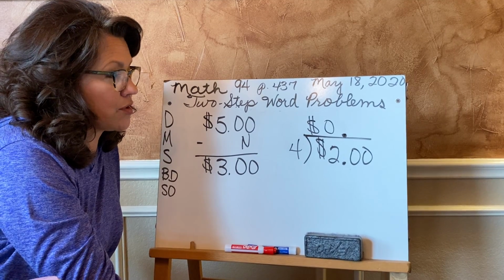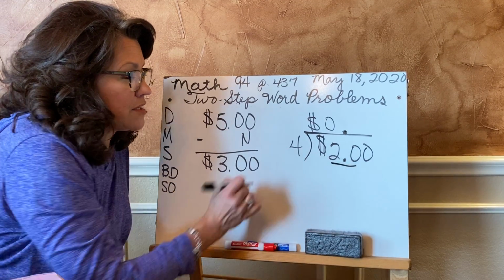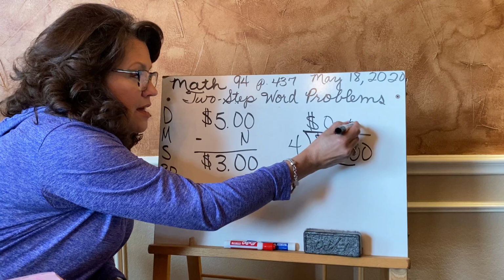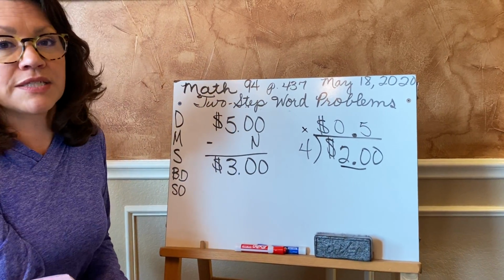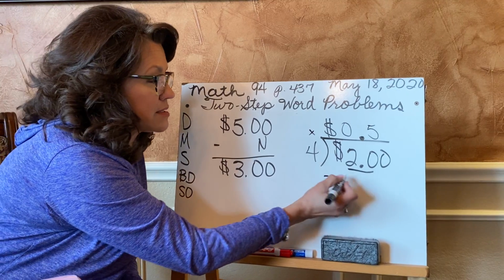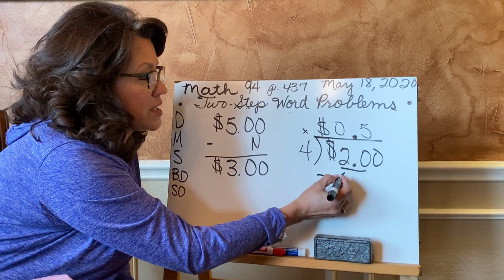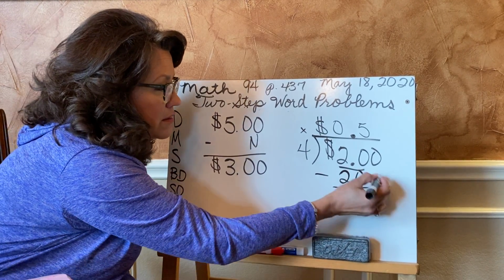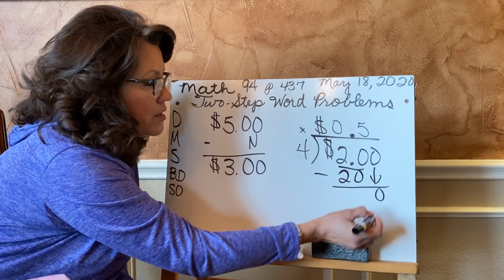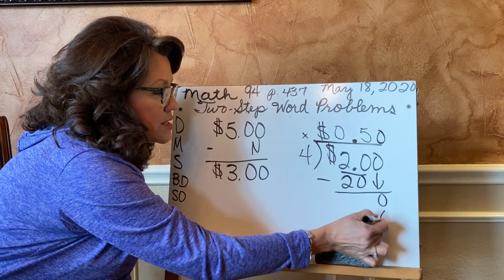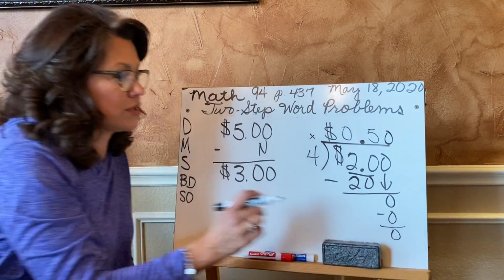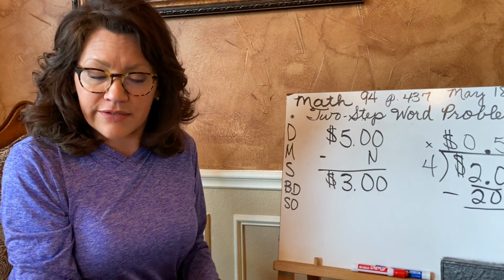So you have to put your 0 up there. 20 divided by 4 is 5. I know you're saying, we know how to do this, Mrs. Rice, but still, it's good practice. 5 times 4 is 20. Bring down your 0. 0 divided by 4 is 0. 0 times 4 is 0. Okie doke. Does it make sense?